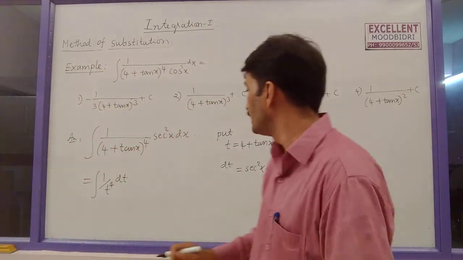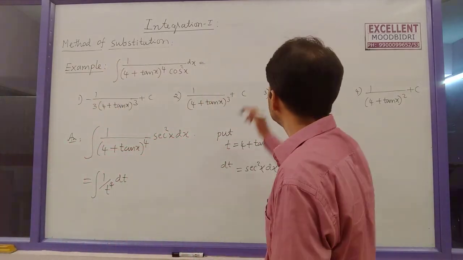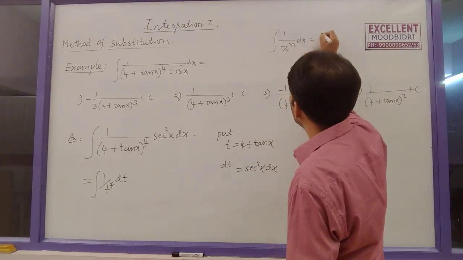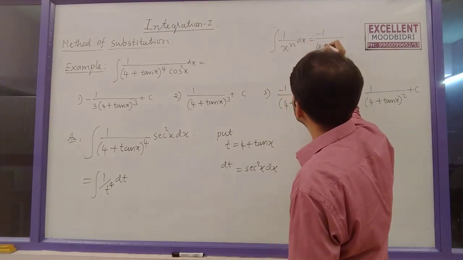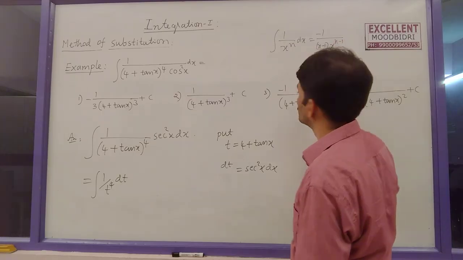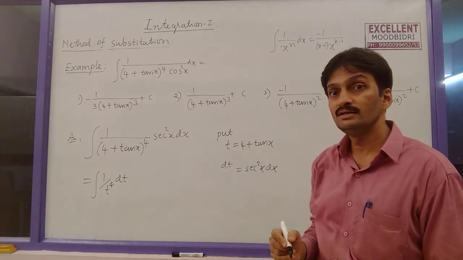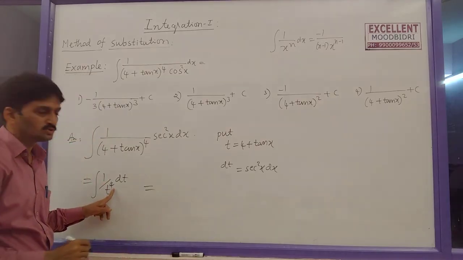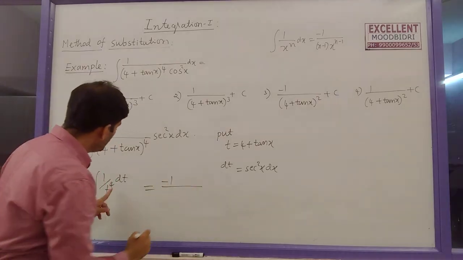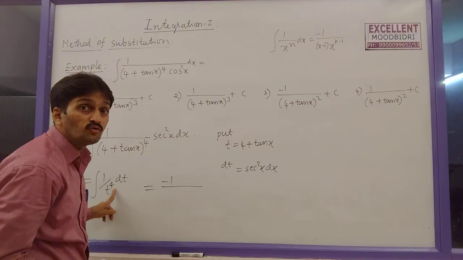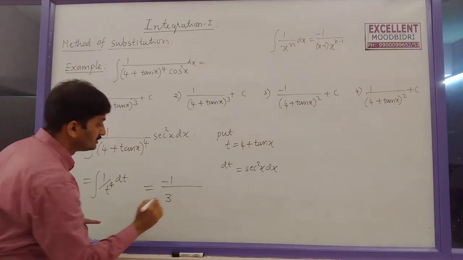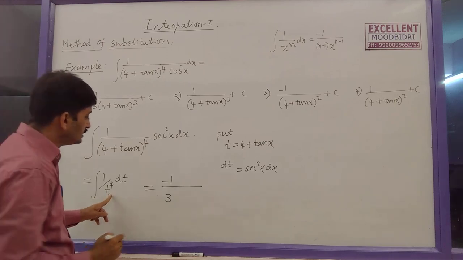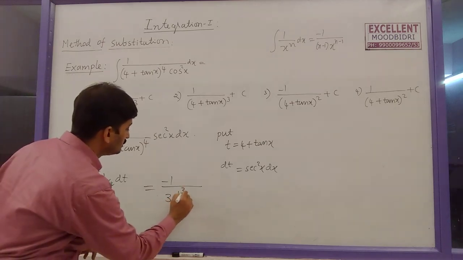Correct, no? Okay. Now, what is integration of 1 by x power n? Minus 1 by n minus 1 into x power n minus 1. Use that formula. So 1 by t power 4. What is n equal to? 4 here. So minus 1 by n minus 1, 4 minus 1 is 3, correct? 3 into t power 3, correct?